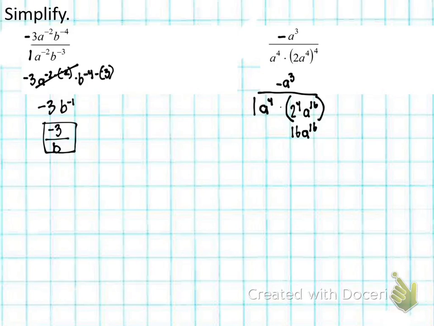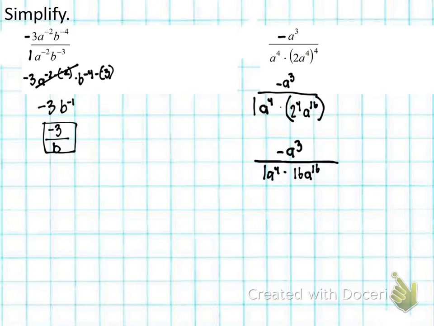And then we have 1a to the 4th. Bring that down still. Oh, I forgot to bring the rest of it down. Silly goose. Let me fix that. There we go. Okay, so we got negative a to the 3rd.